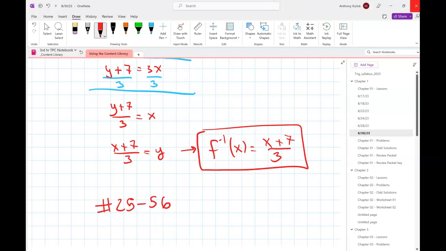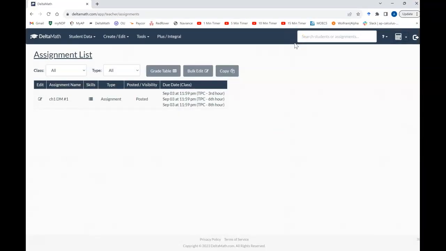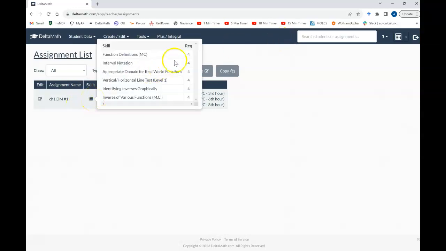Hold on, guys. Hold on. I have a Delta Math assignment that I made. This Delta Math assignment has 6 problem types. You have to do 4 correct in each one. There's no penalty for wrong answers. It doesn't mean you need to get 4 in a row correct.